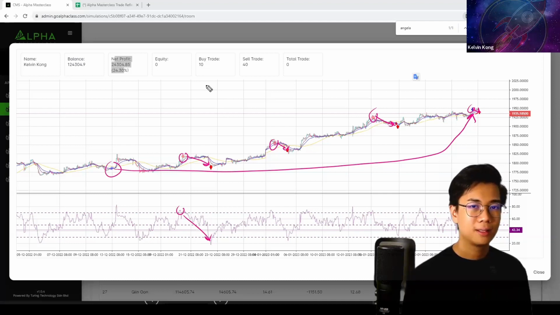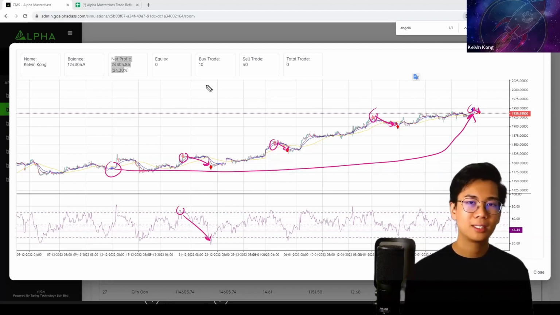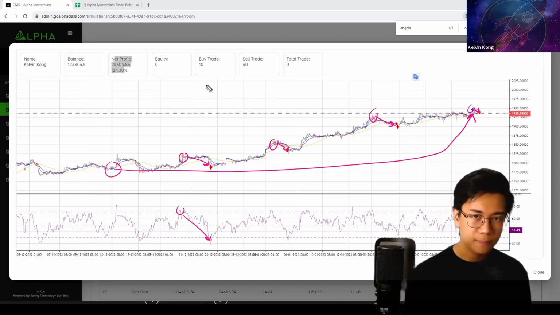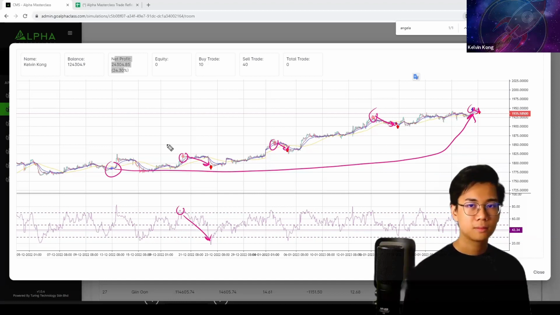So 10 buy is not 100,000, right? Not 100,000, but the leverage does allow my 10% of account size to open more trades. Like I said, whenever I enter a trade, it is not more than 20% of my account size. So if it's 100,000, I won't put more than 20,000 into one trade.